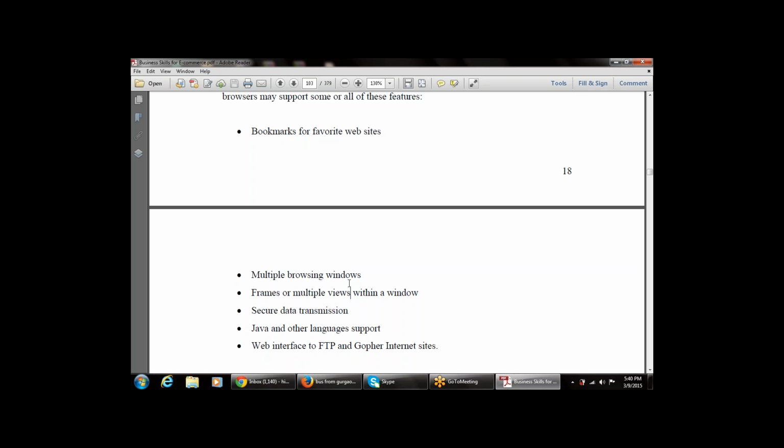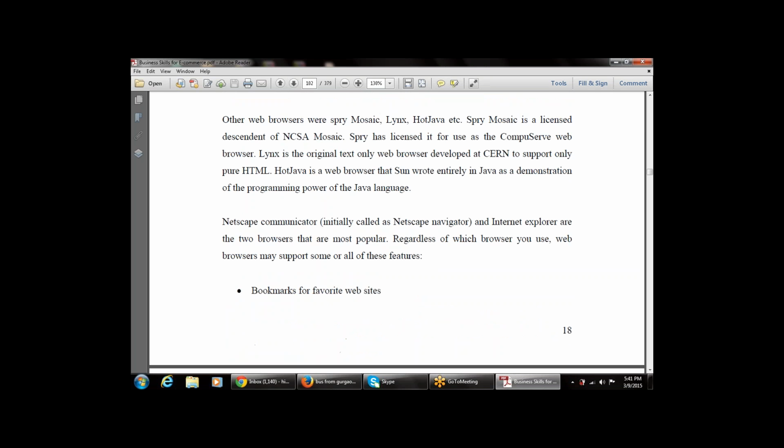Then web interface to FTP, the file transfer protocol, and Gopher on internet sites. So these are the basic features.